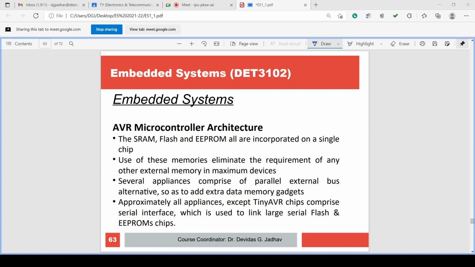SRAM, flash, EEPROM. SRAM is RAM, random access memory. Flash is memory that is very fast for writing and reading. And EEPROM is electrically erasable programmable read only memory.